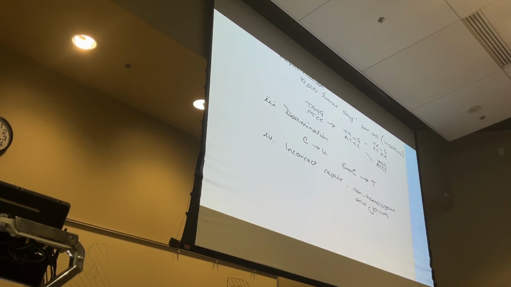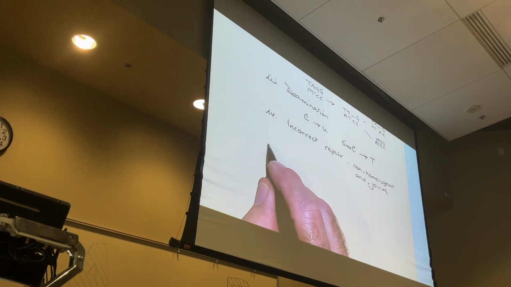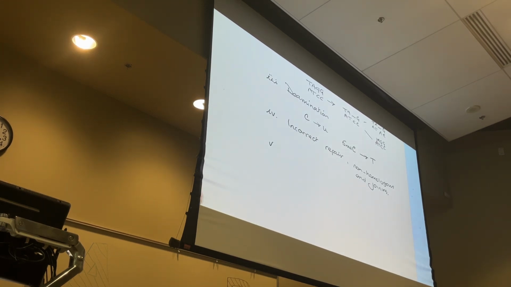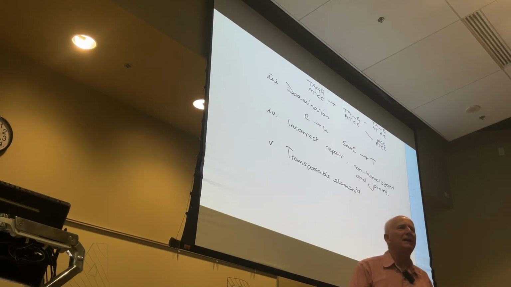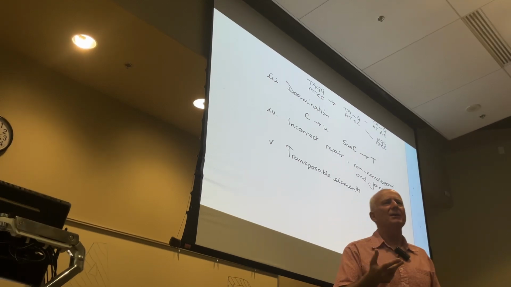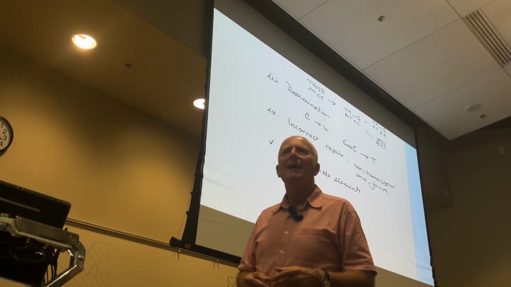It's error prone. And the final thing that we can't defend ourselves against are these things called transposable elements. These are interesting. So these are a large chunk of those interspersed nuclear elements, the repetitive section of our DNA.